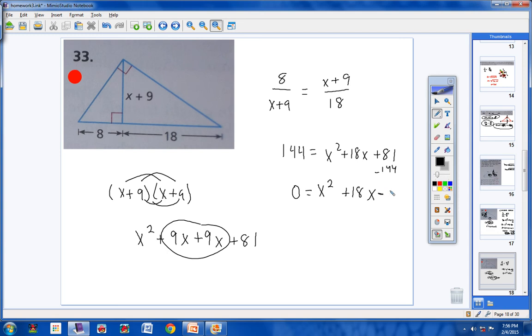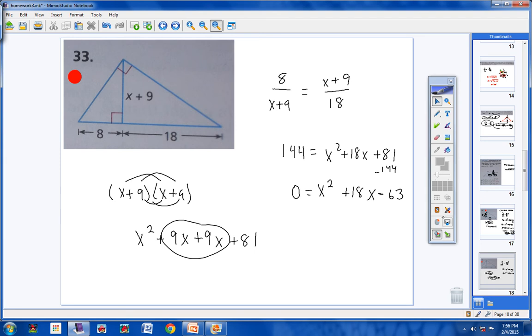Negative 63. Now, I'm not sure if we can factor this or not, but if we can, I'm saying to myself, okay, self, what two numbers multiplied together are going to give me a negative 63, but when added together are going to give me a positive 18. This one's going to be tough, guys. I'm trying to think this through here and see what I can come up with.